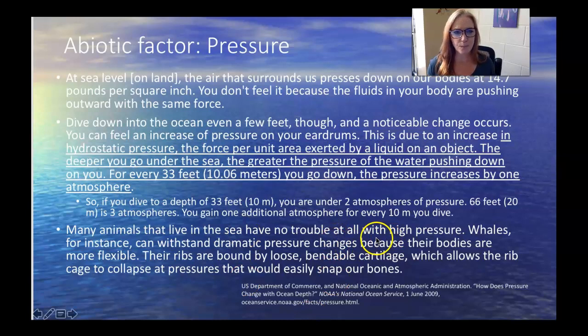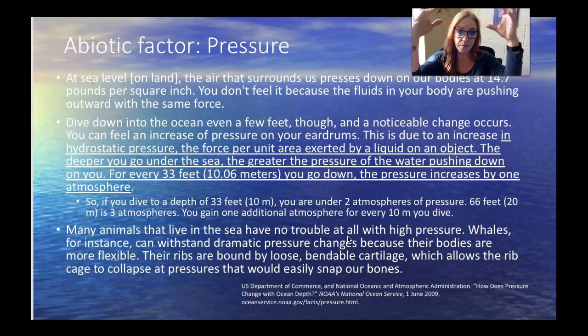Lots of deep sea animals vertically migrate. They will have adaptations so that their bodies can adapt to being up in 2 atmospheres and then back down to 4 atmospheres and then back up. So that's like with the whales.